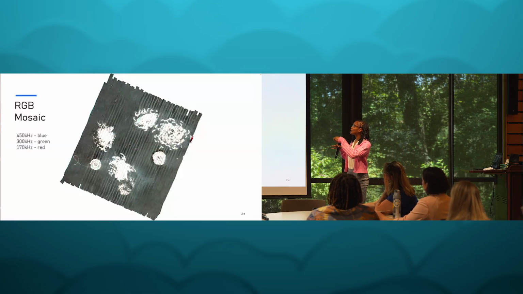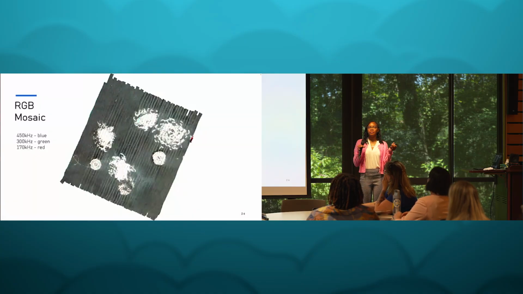Up here, you can see a little bit of green, so the 300 kilohertz frequency shows those variations better. And here you can see blue, which means the 450 kilohertz can be seen better. This gives us an understanding of which frequencies will show which sediments better.